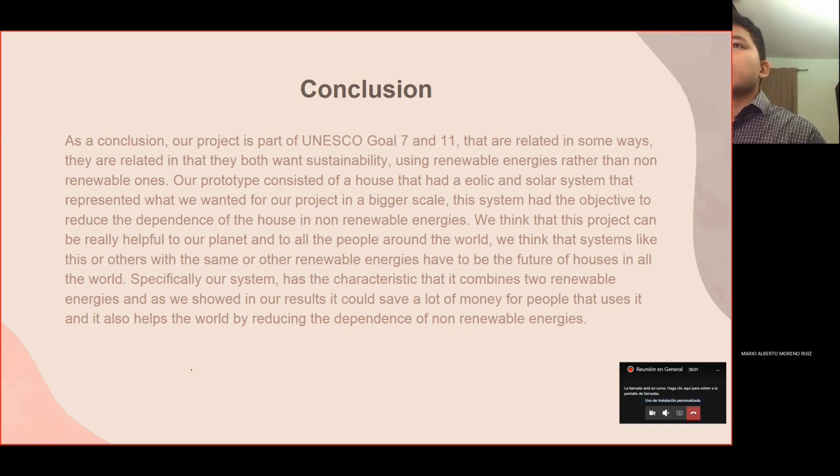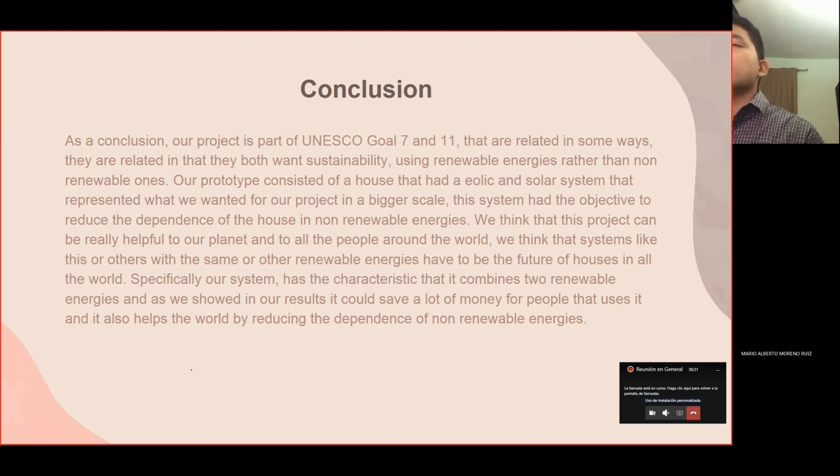We think that systems like this, or others with the same or other renewable energies, have to be the future of houses all over the world. Specifically, our system has the characteristic that it combines two renewable energies, and as we showed in our results, it could save a lot of money for people that use it, and it also helps the world by reducing the dependence on non-renewable energies.